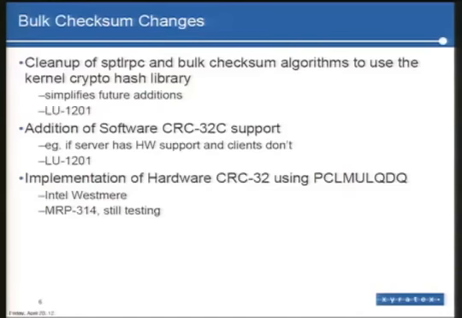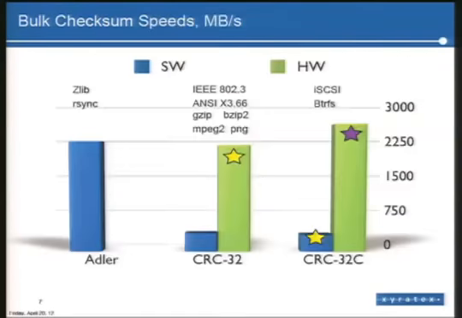So what we've done is we've added a CRC32 hardware-based algorithm using that code and are pushing that into the kernel. And also, this provides support for the CRC16 T10 algorithm as well, so that can also be pushed into hardware. And I will talk a little about that later.